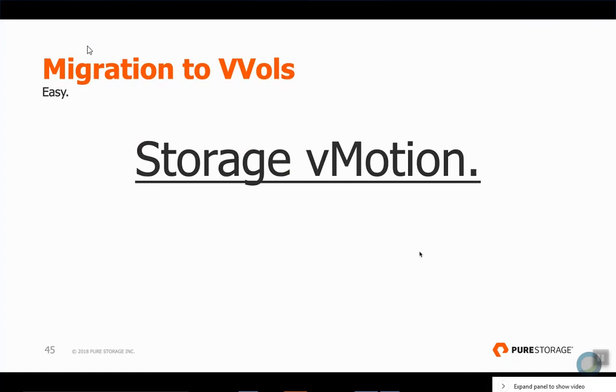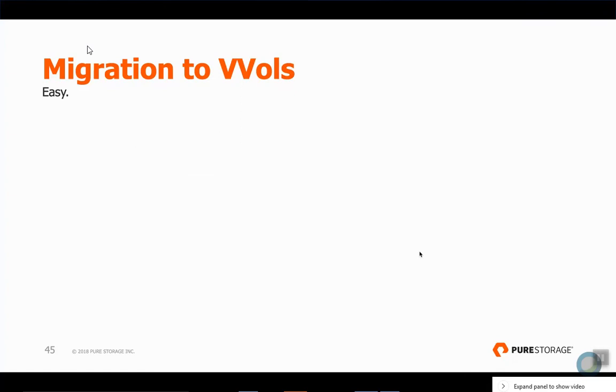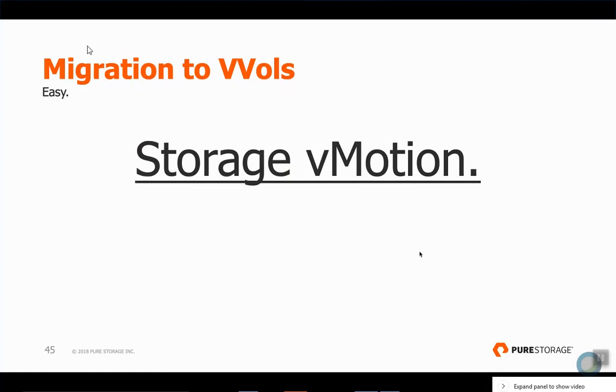Oh, I missed that. So maybe you're saying, Eric, this sounds great. Sounds like a lot of work. How am I going to get there? Well, storage vMotion. So, to move your existing environment from VMFS into a VVol environment, you simply create your VVol Datastore, do a storage migration, and now your VVols are created for you automatically.